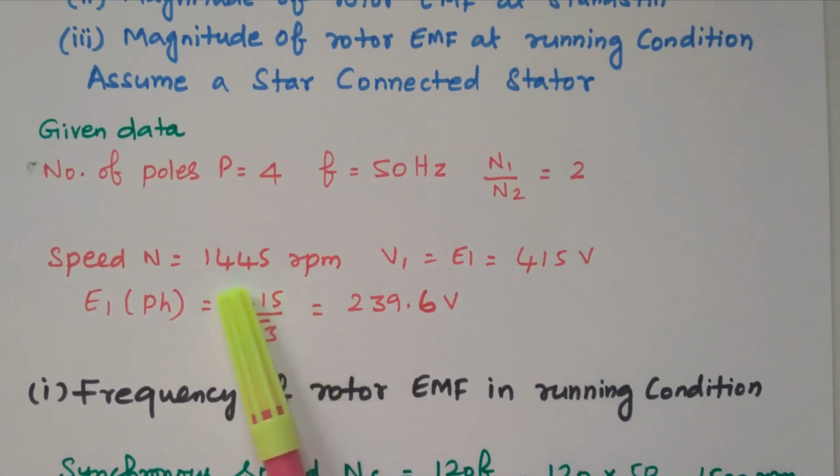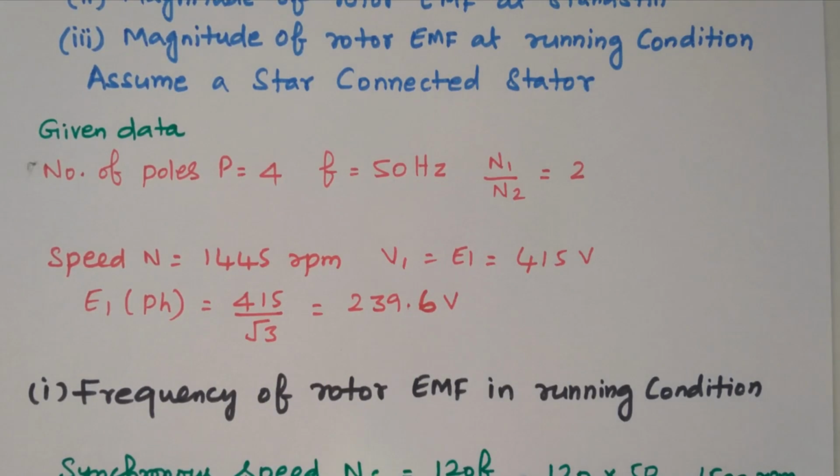The speed of the 3-phase induction motor is 1445 rpm. The voltage given, V1, V1 refers to stator, V1 equal to E1 equal to 415 volts. To find the E1 per phase, it is 415 divided by root 3, which is 239.6 volts. 415 is the line voltage, and this one is the phase voltage.